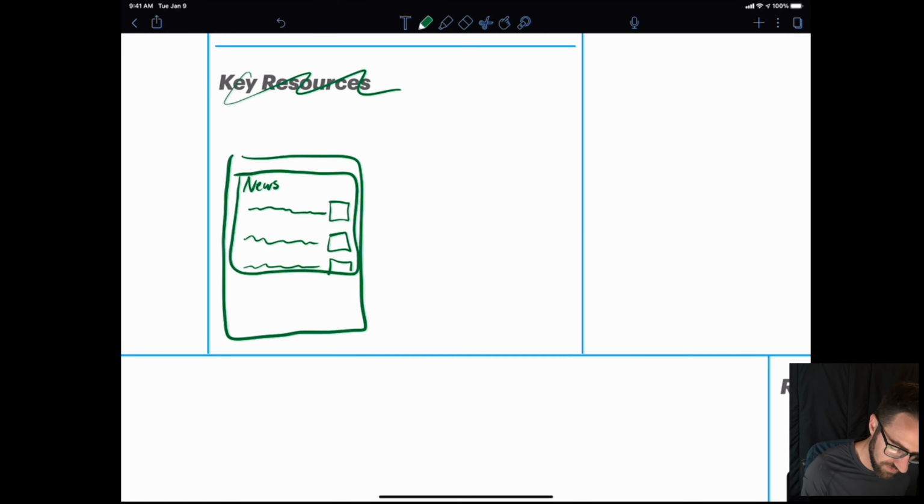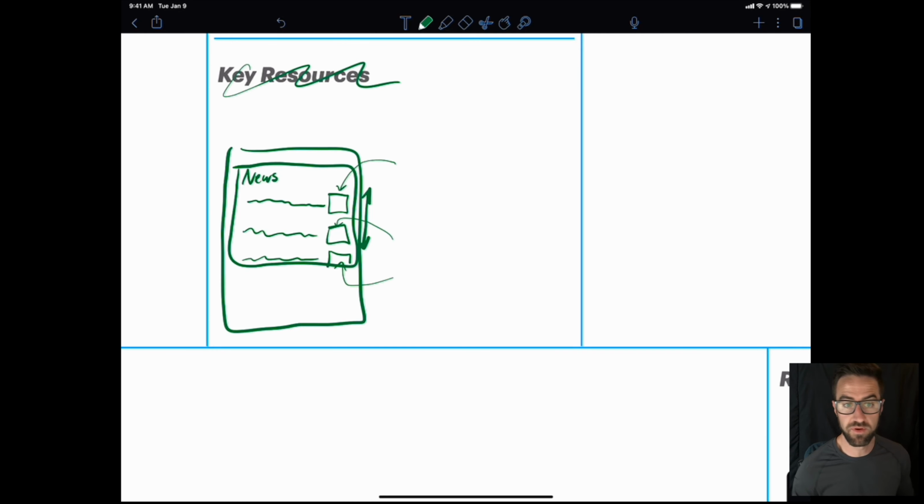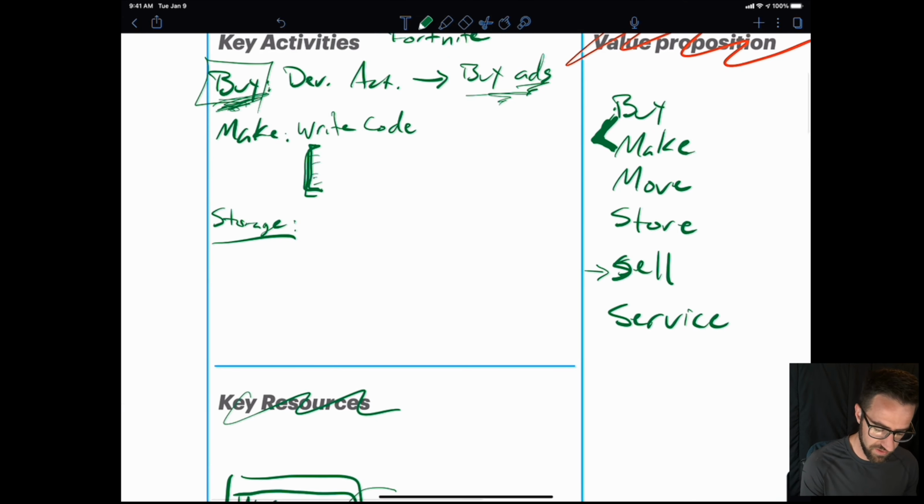Right, the idea, right? And it kind of scrolls up and down like this. Well, my question is, where are these things being stored? Where's the image? Where are the news stories coming from? Right? What storage are you using? Now, this is physical, right? Physical and digital storage.